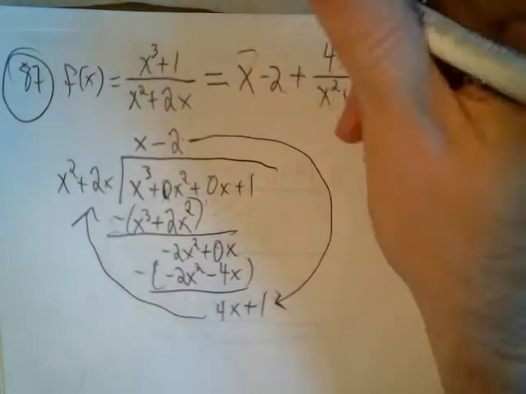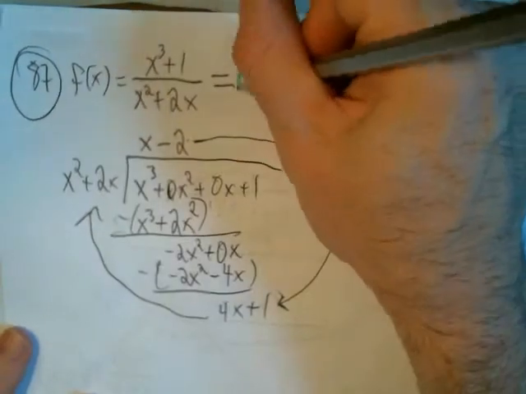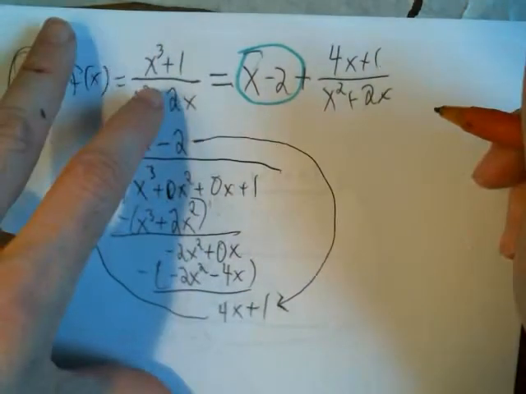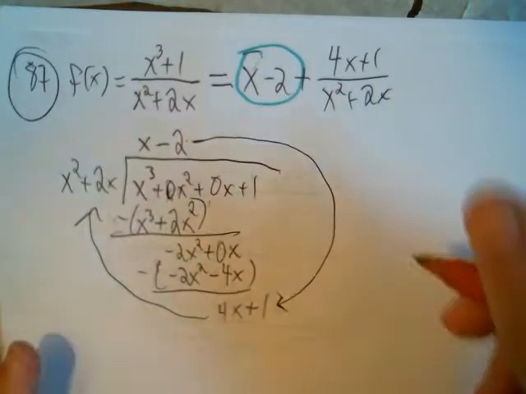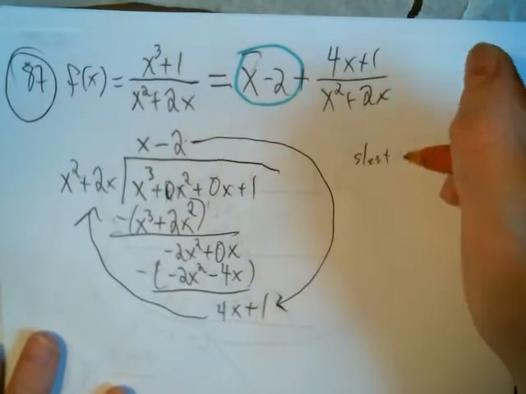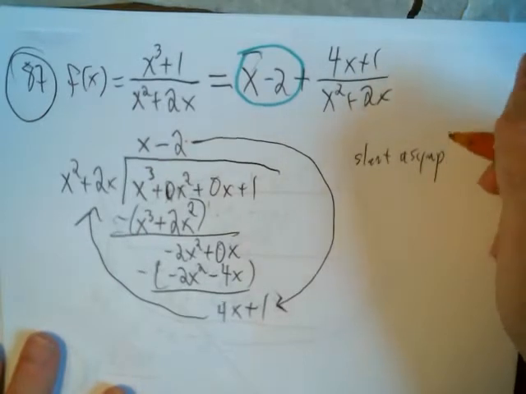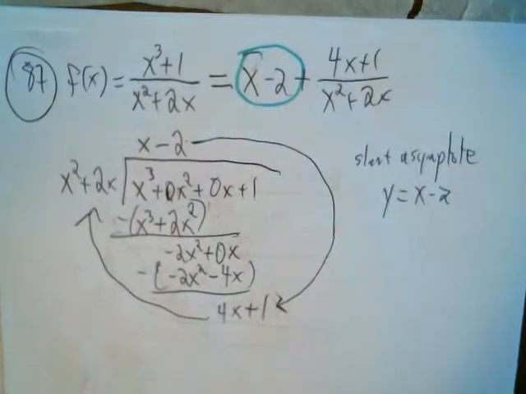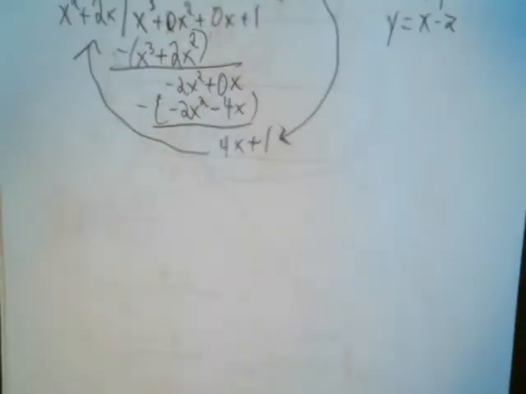And in particular, then, your slant asymptote is this right here. Right, so slant asymptote y equals x minus 2. Okay, so we have that part of the business taken care of.